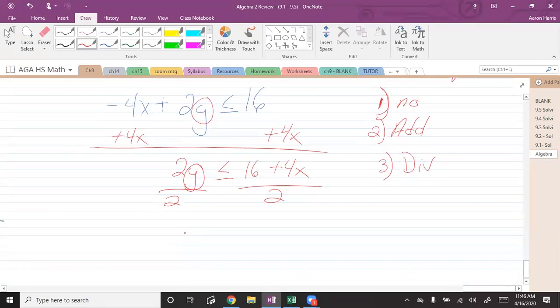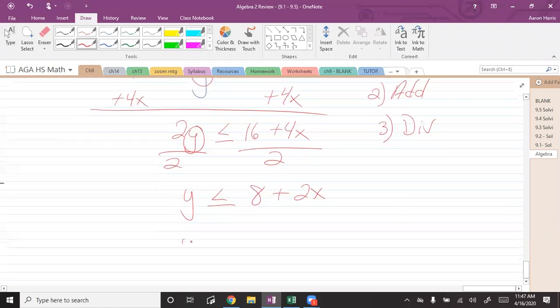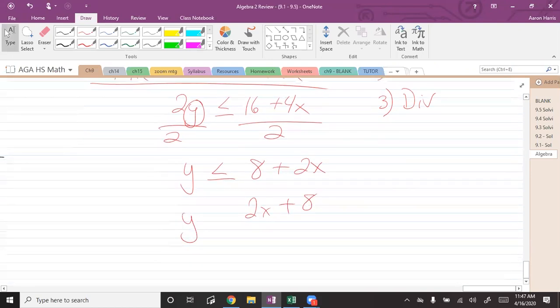So y is 8 plus 2x. Good. And now I can just switch them and say y is less than or equal to 2x plus 8.